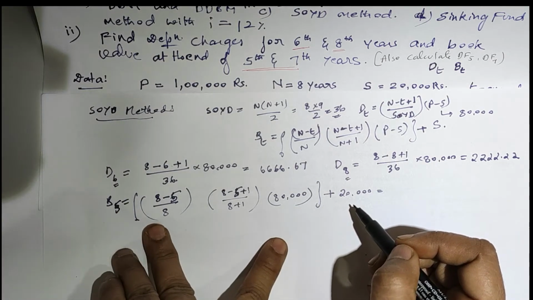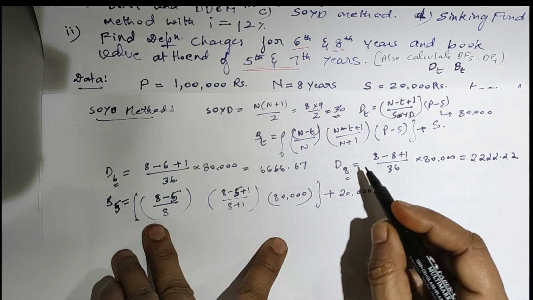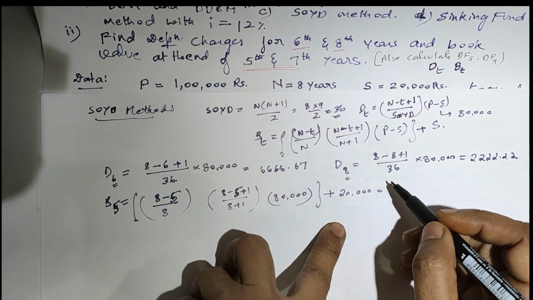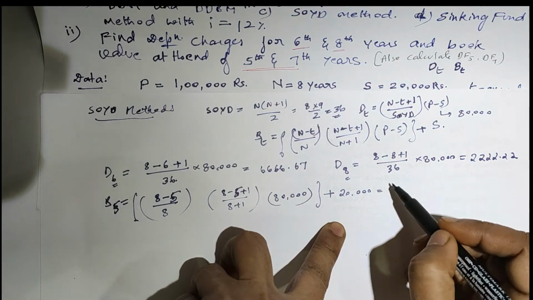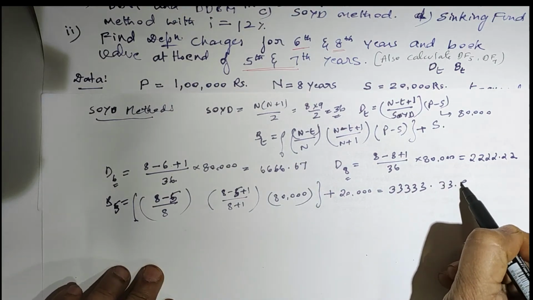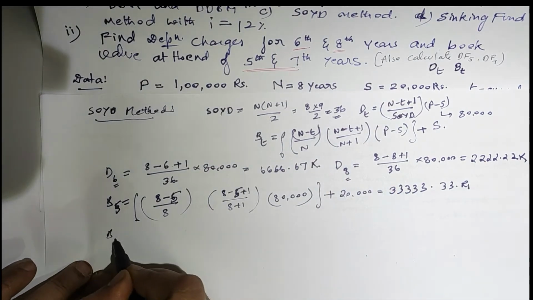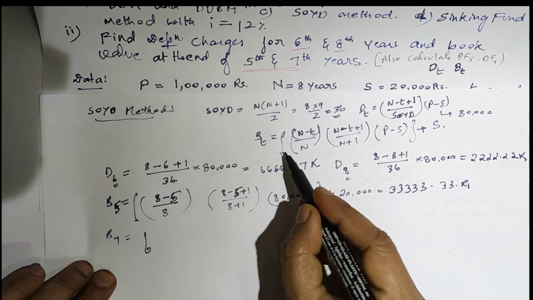So B5 value would be 33,333.33 rupees, and B7 is equal to, we'll go to the formula.